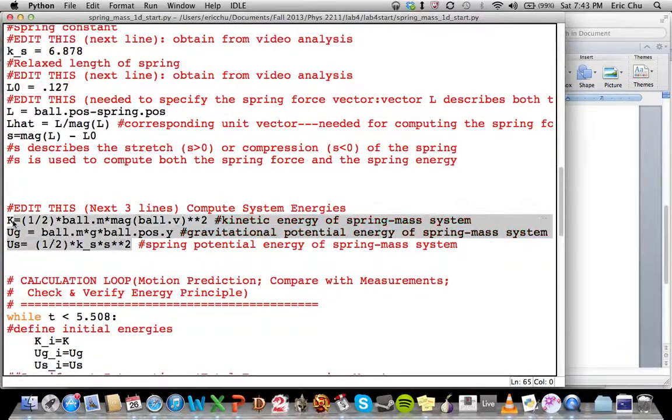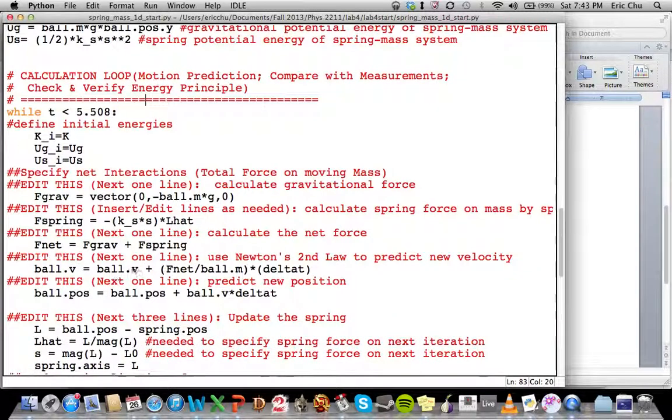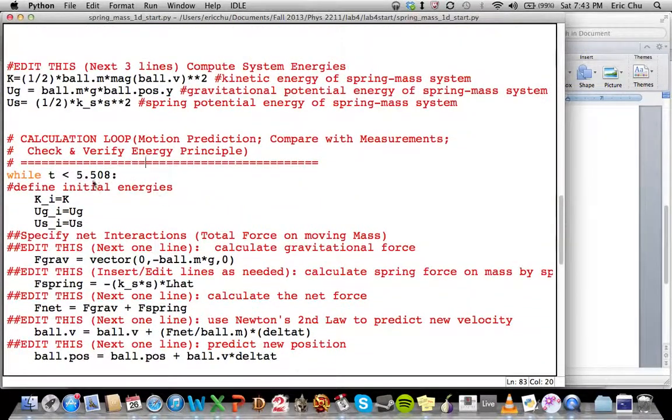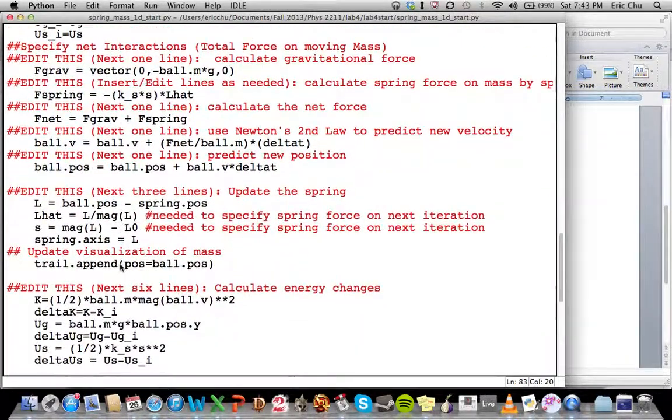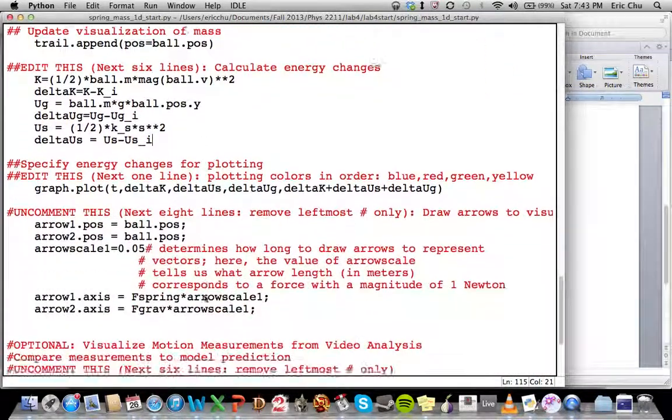Here's where we calculate the energies of the ball, and here is where we use F net to update the position of the ball after each time step. And then here we will find delta K, delta U_G, and delta U_S to graph them and to visualize the energy changes as time goes on.